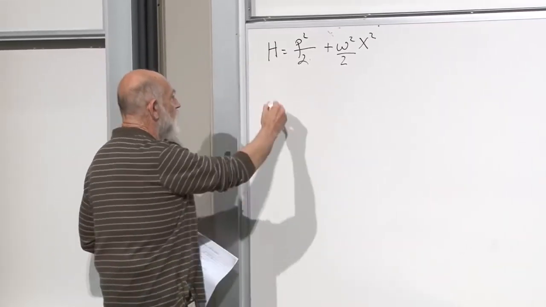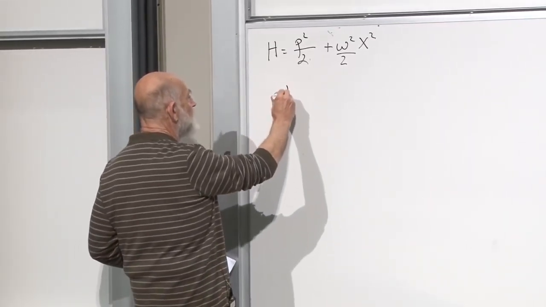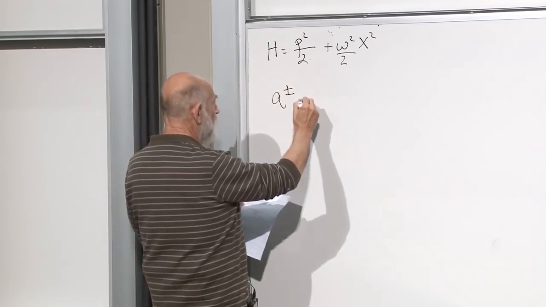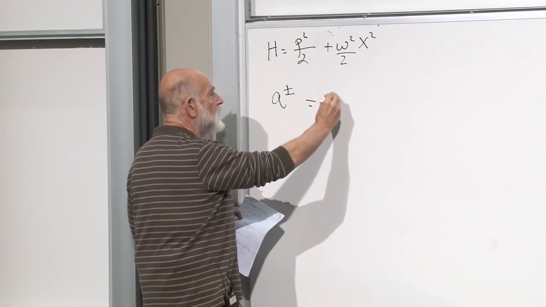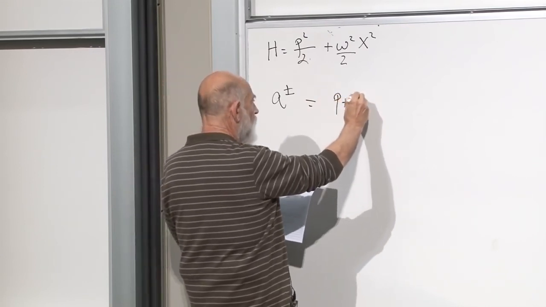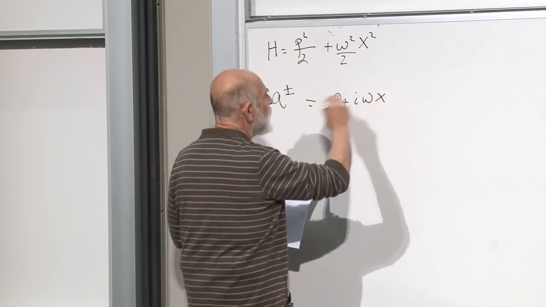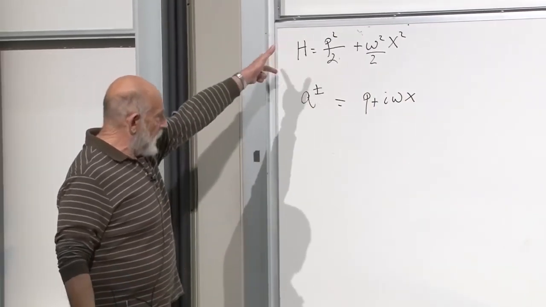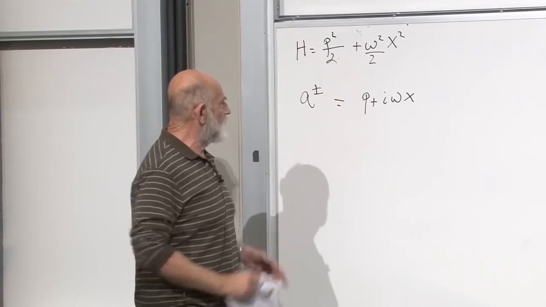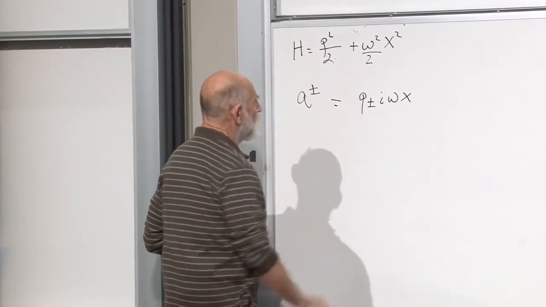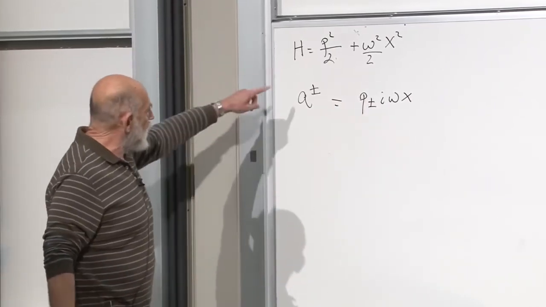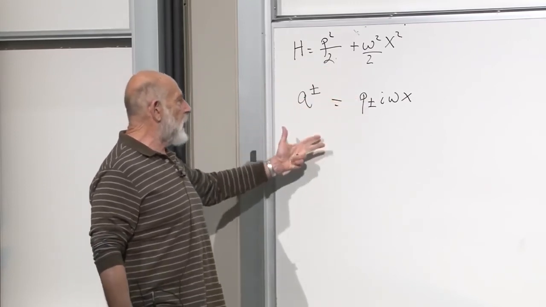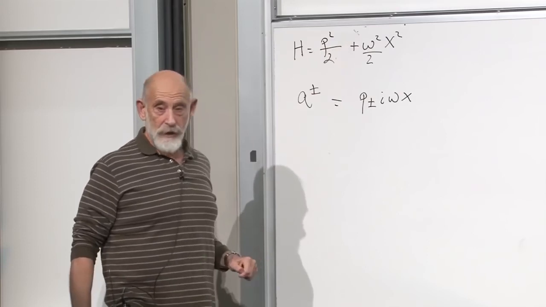And we constructed creation and annihilation operators, A plus or minus, which happen to have been momentum plus or minus i omega x. Now, notice, not finished yet, but notice if classically, I were to take the two operators, A plus and A minus, and multiply them together, and then divide by 2, I would construct the Hamiltonian.